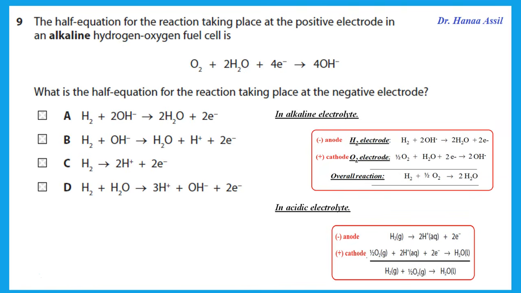In both cases, the overall reaction is hydrogen plus oxygen to give water. But the difference is what happens at the anode. Remember that the anode is the negative electrode, and if we're talking about alkaline, then this is the reaction that happens at the anode.